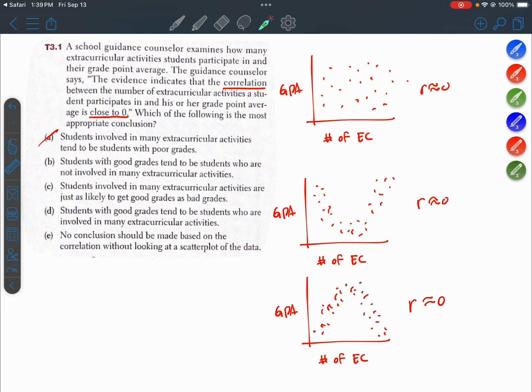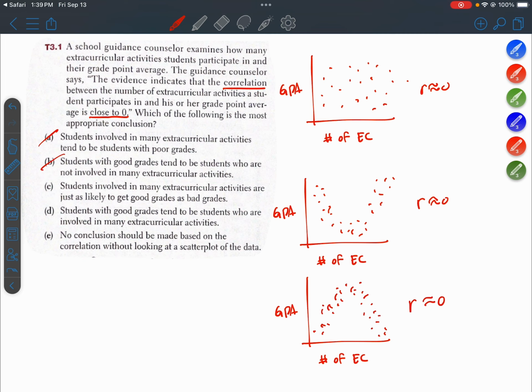B, students with good grades tend to be students who are not involved in many extracurricular activities. Well, again, it depends. If this was the scatter plot, if this was the relationship, then that statement would be false. Students with good grades tend to be those who have kind of a medium amount of extracurricular activities.